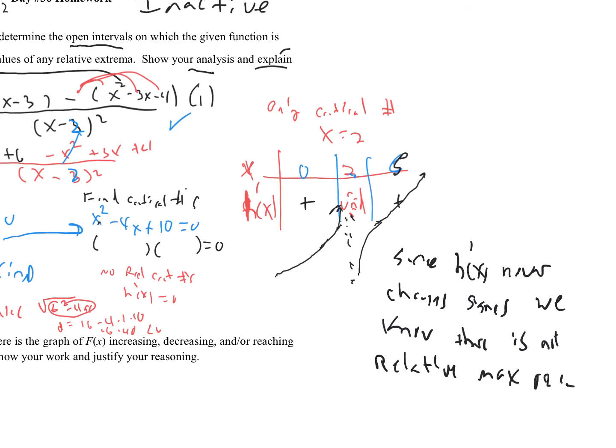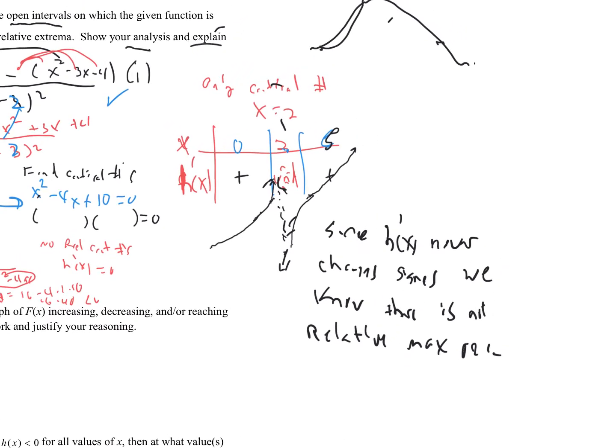Because I'd have to have it increasing and then decreasing. Well, it never did that. It never switched. It was increasing, then it's still increasing because something funky is happening here. So there's no max or mins.